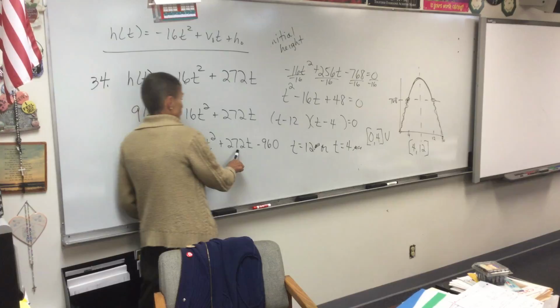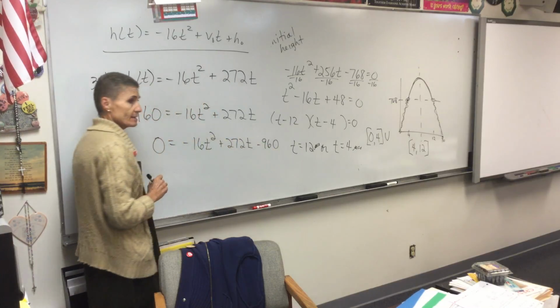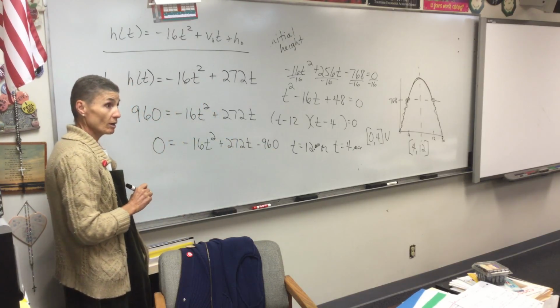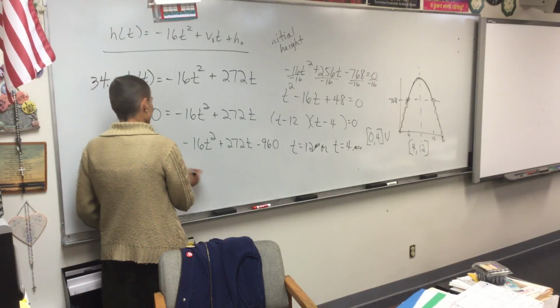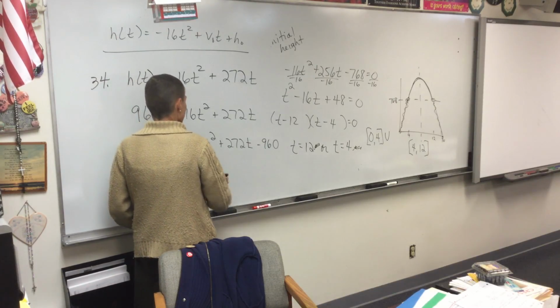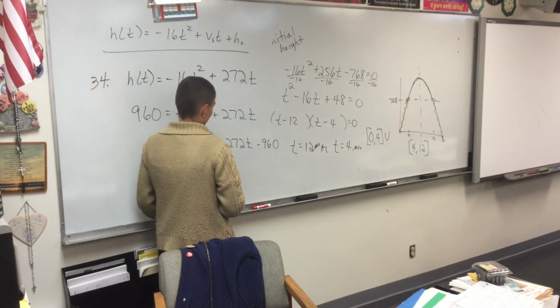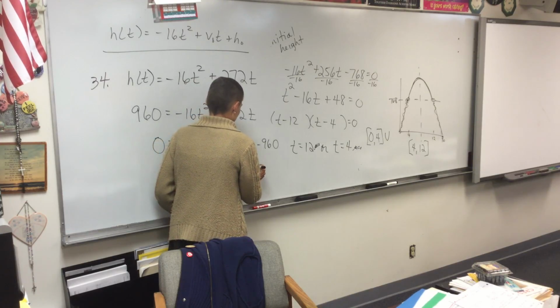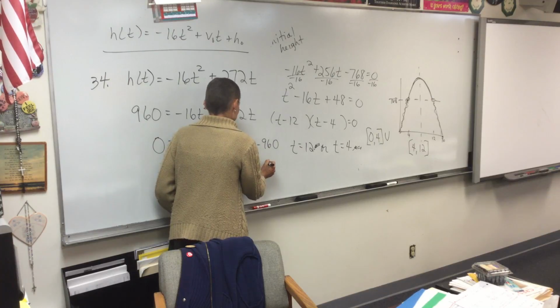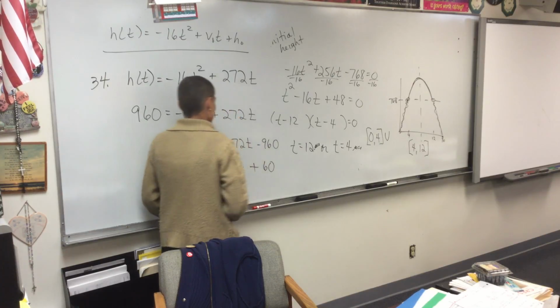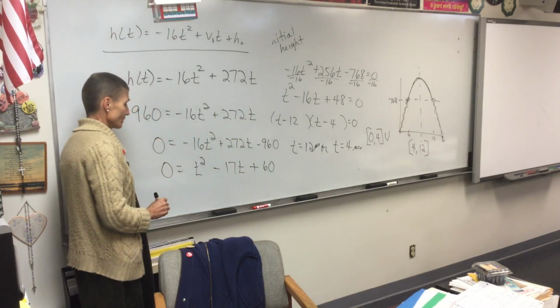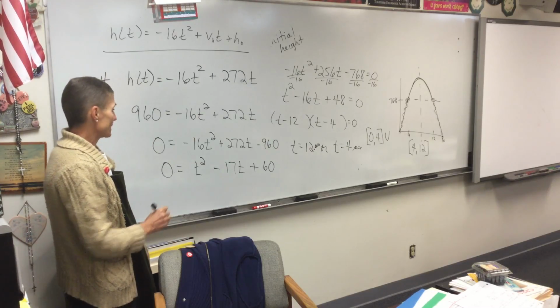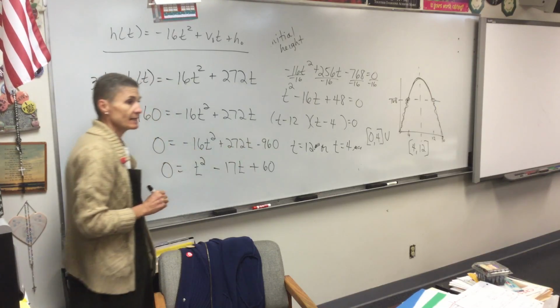Now, are these numbers by any chance divisible by 16? Yeah, they both are. Okay, good. So we got t squared minus 17t minus 60. Actually, it's going to be plus, so it's negative, because I divided by negative 16 again.